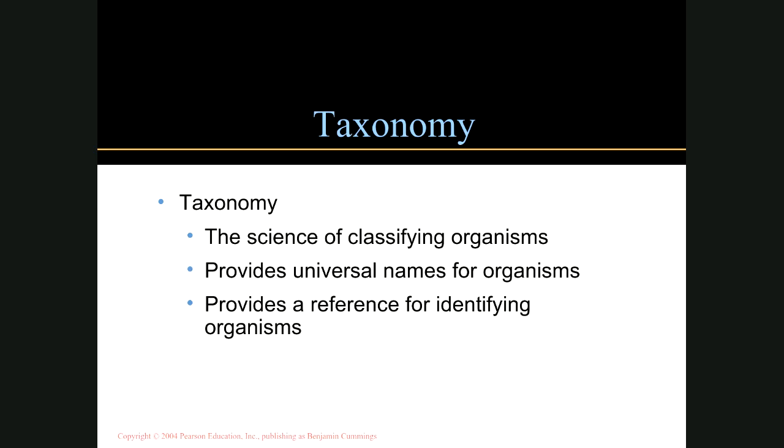No matter where you're from, we all use the exact same names for the organisms. So these are universal names. And if you have an existing classification scheme, when you find something and you don't know what it is, you can try and match it to a known organism in the classification scheme. If it matches, you've identified that organism. If it doesn't match, you've discovered something brand new. And he or she who discovers something new gets to name it.